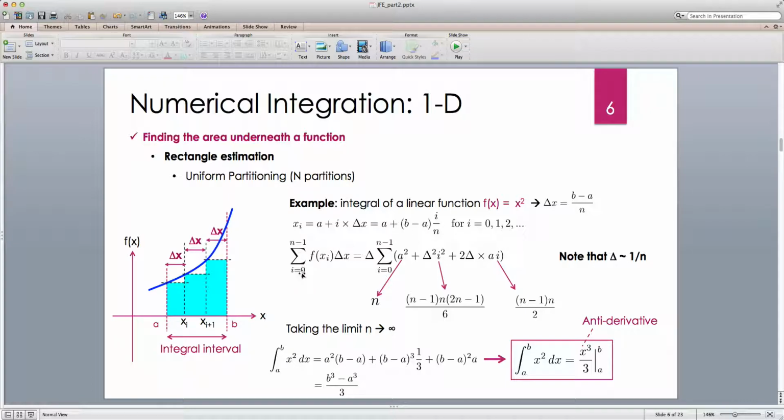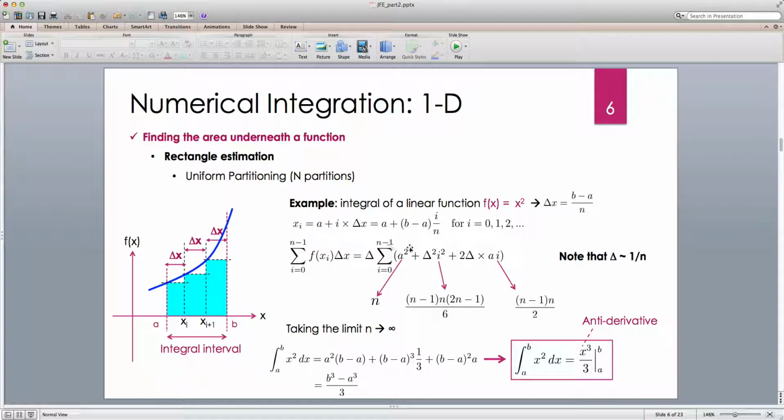And then when I do the summation of f of xi delta x from 0 to n minus 1, delta is fixed, so it comes out, times f of xi, which is xi squared, which is a plus i delta squared, which is a squared plus delta squared i squared plus 2 delta a i. Now here I'm not going to exactly calculate this because I already know that I'm going to take the limit when n goes to infinity.